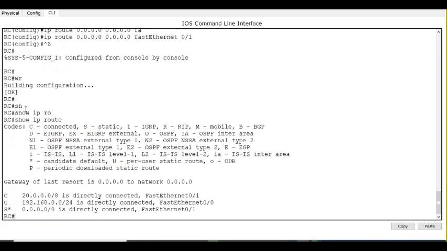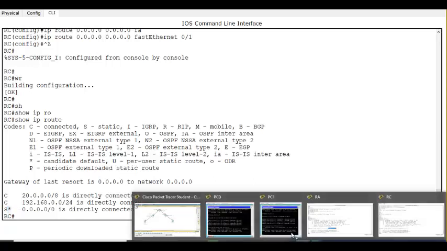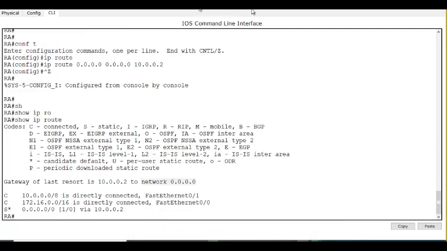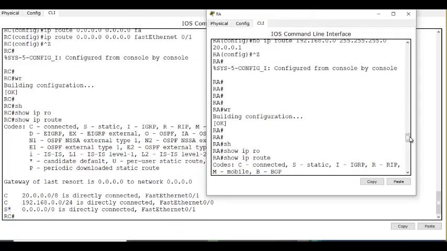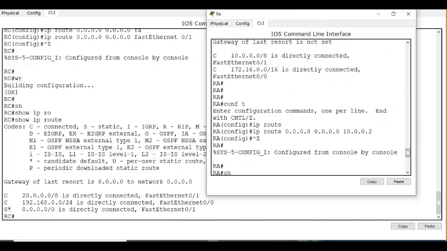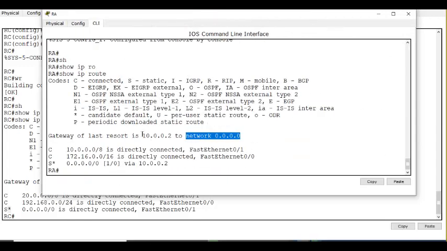Now, after you do this correctly, check the routing table. See the difference in the routing table. This is not knowing about the gateway, but this is also a default route. I want you to compare and see the differences. If you give the gateway address, your routing table will have the gateway on the top.